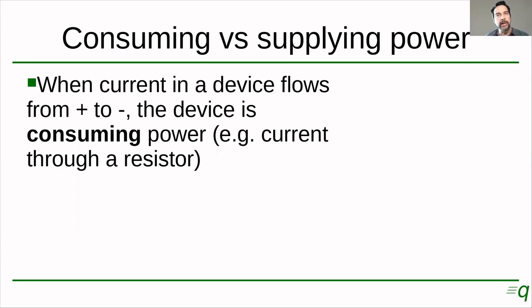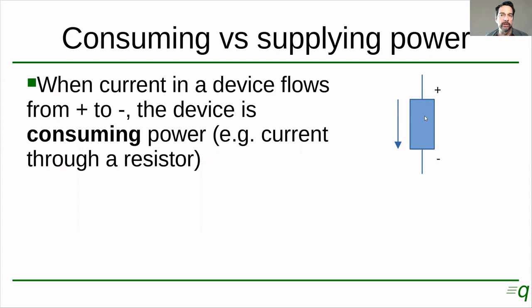Now, a device could be delivering power to a circuit, like a power supply as a voltage source, or it could be consuming power, like a resistor, for instance. When current in a device flows from positive to negative, the device is consuming power, okay? So in this example, we have current flowing from the positive to the negative terminal.